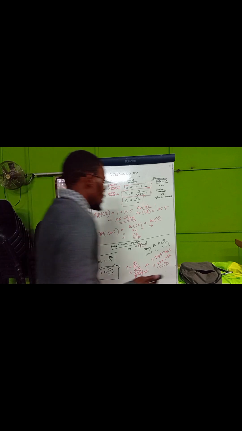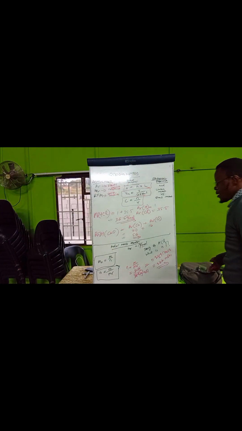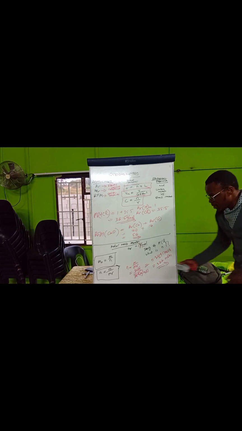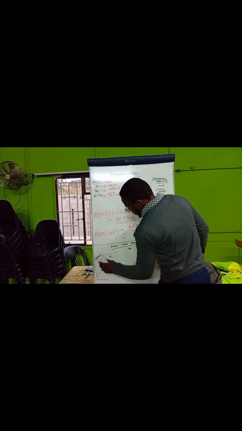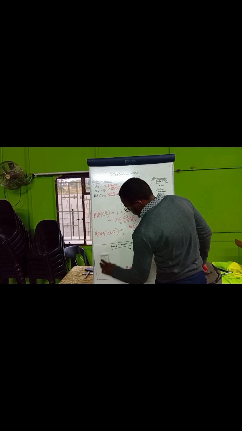Now, because this is a compound, it will not be particles, but it will be molecules. So let's find the number of molecules in hydrogen chloride.